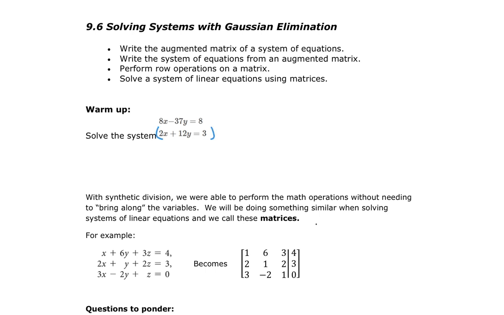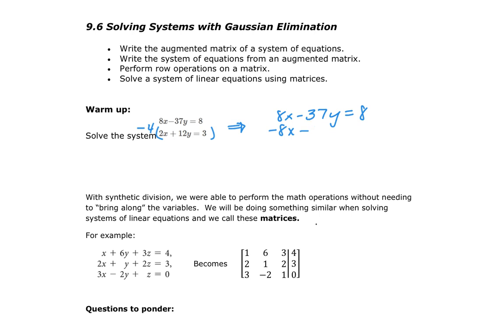So I'm going to take this and multiply by a -4. The first equation, 8x minus 37y is equal to 8, does not change. The second equation becomes -8x, and then this becomes a minus 48y.